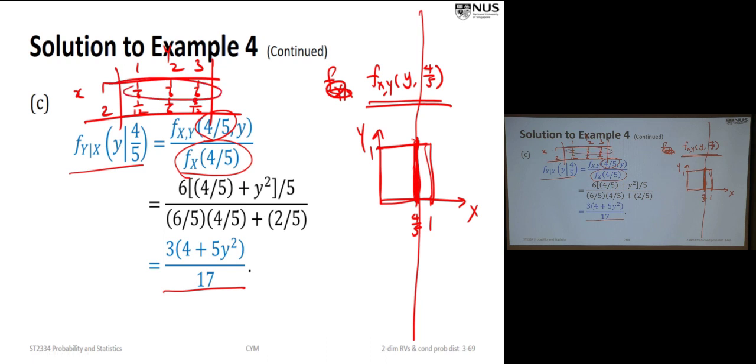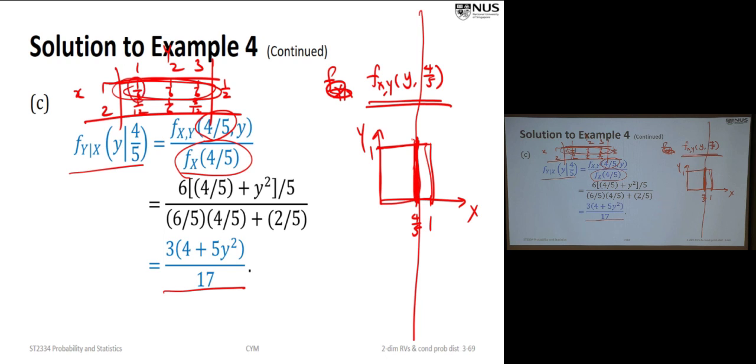That means with x equal to 1, we know that f of 1, 1 is 1/6, f of 1, 2 is 1/6, f of 1, 3 is 1/6. But these three numbers do not add up to 1. So that means this is not a proper PDF. So what you do, you have to divide by what they add up to, which is 1/2.